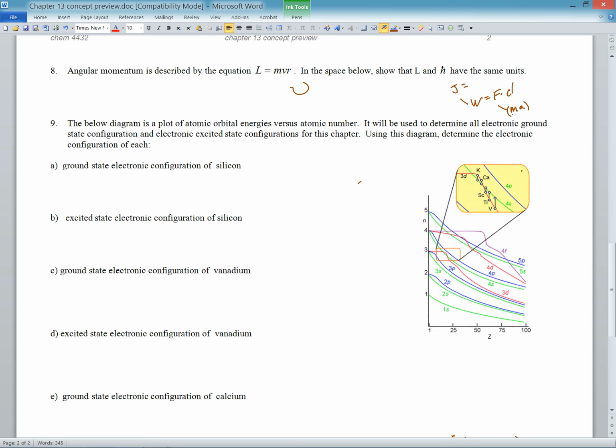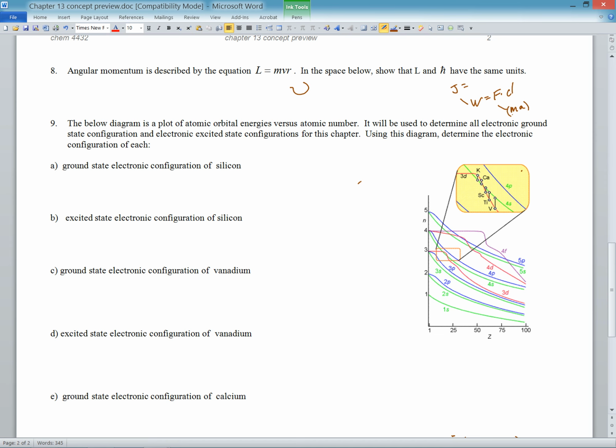Because I have kilograms meters squared over seconds. No, that's not what you... distance is just meters.